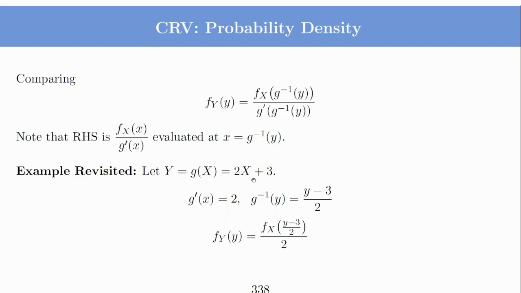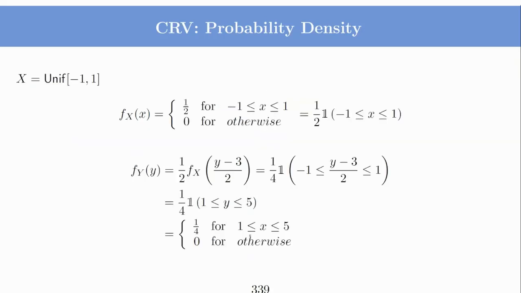So if this is g(x), the derivative is 2 and g inverse y is (y minus 3) by 2. If I evaluate at this root, this will be equal to the PDF at (y minus 3) by 2, divided by 2. This derivative is constant, so no matter where we evaluate it, it will be just 2. So this is the same answer we also got in the previous example.